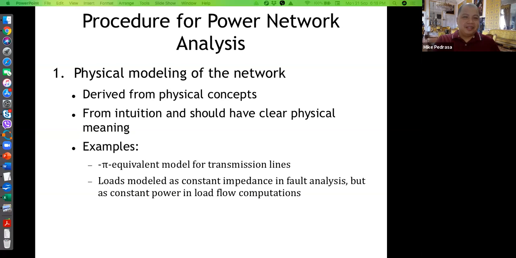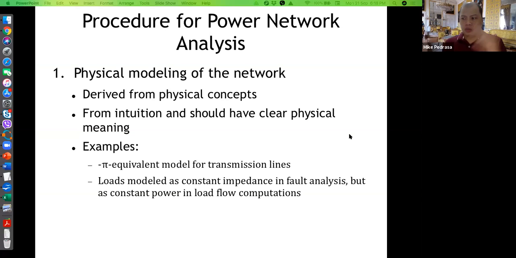Okay. So, pi equivalent model. So you see that series component, it should be an impedance. And then we know that these transmission lines have capacitance. We have parallel lines, one alongside each other, so they have capacitance between them. And then these transmission lines also have capacitance to ground.